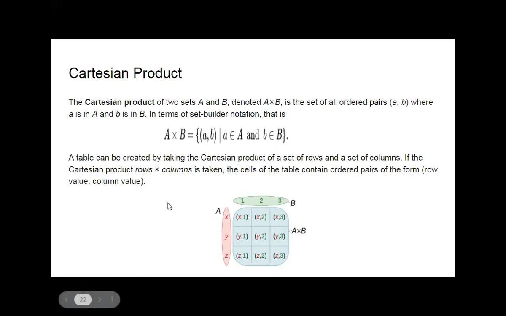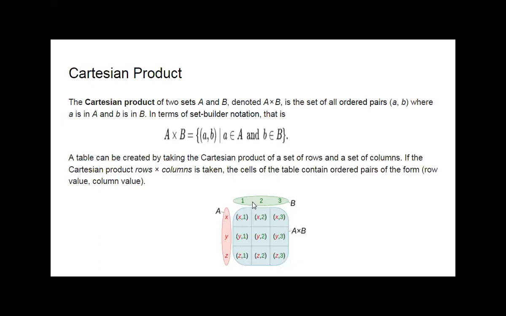Okay. 2 sets are there, A and B. Then Cartesian product will be all the ordered pairs in which the first element will be from the first set, and the second element will be from the second set.